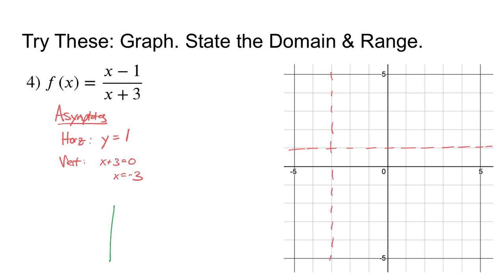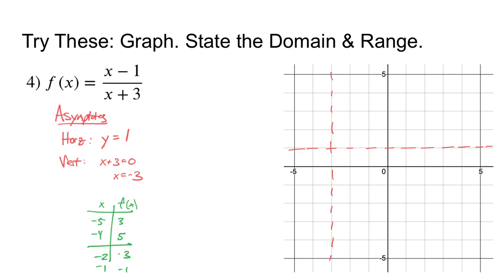I'll come up with my table of values, my x and my f of x. And let's see here, I'll pick, I don't know, negative 5, negative 4, and then how about negative 2 and negative 1? I'll plug those into my equation, and I'll end up with these values. I'll plot the points.